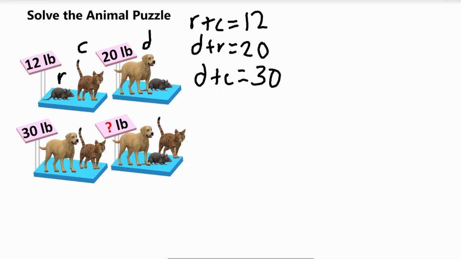Okay, so now we have these three equations. So what do we want to do now? We need to solve for each of the variables. So first thing we do is we want to solve for one single variable.